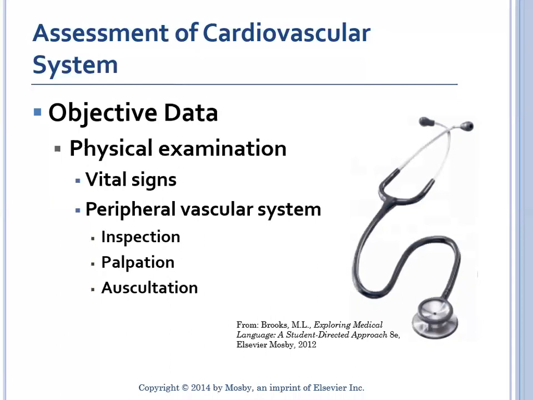Take orthostatic BPs and heart rates while the patient's lying, sitting, standing. The systolic should not drop more than 20 when they go from lying to standing. The heart rate should not increase more than 20 when they go from lying to standing, all right? When you're over that 20, then the patient might be considered orthostatic.